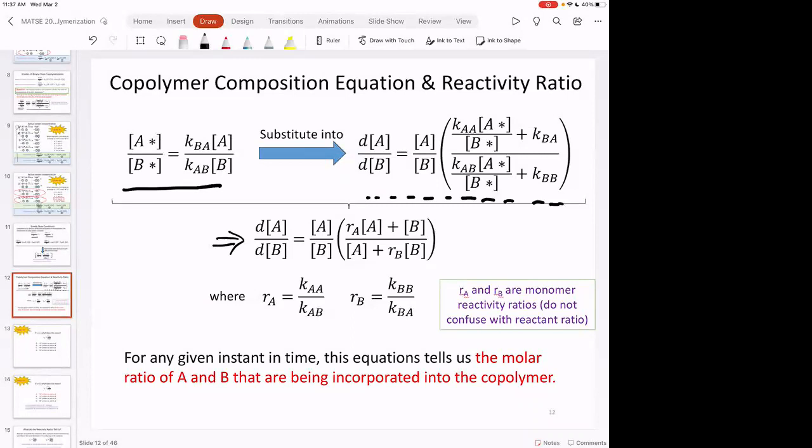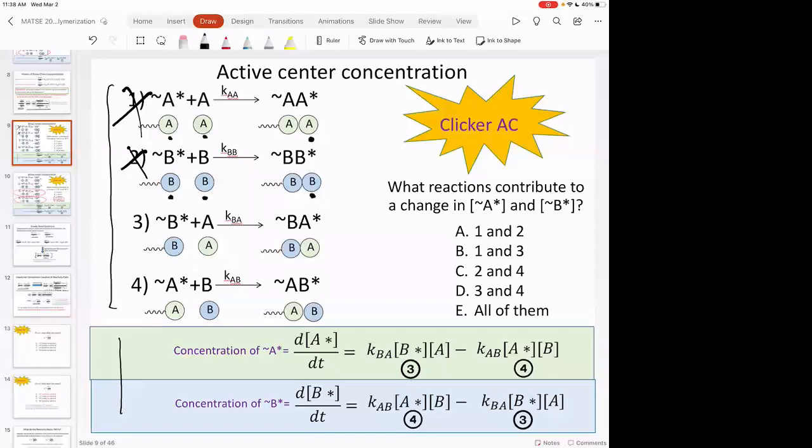So we're going to denote RA as KAA over KAB. So KAA there over KAB there. So what is RA? Let me write it down for you.